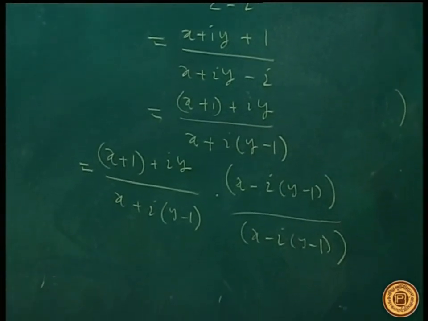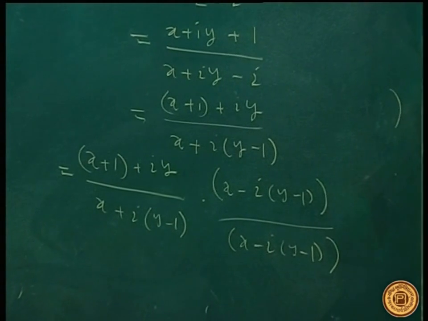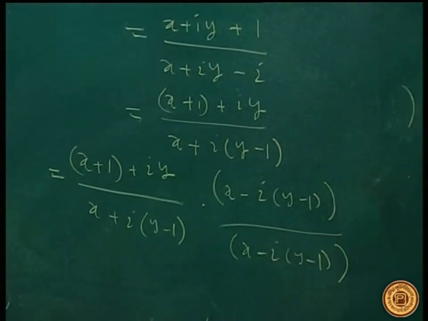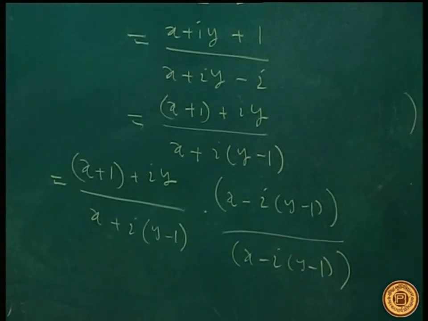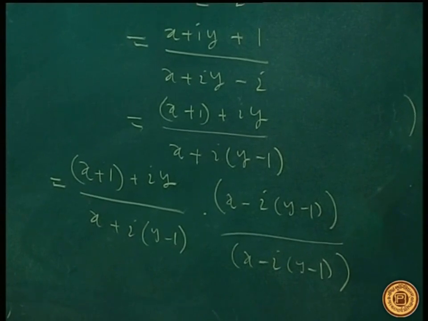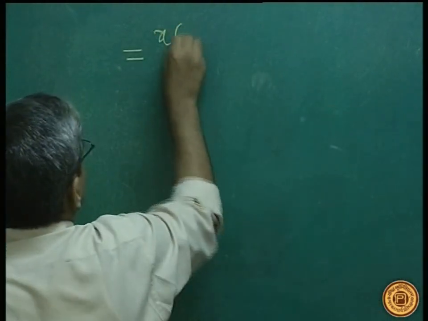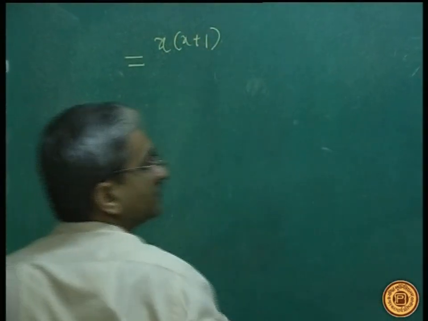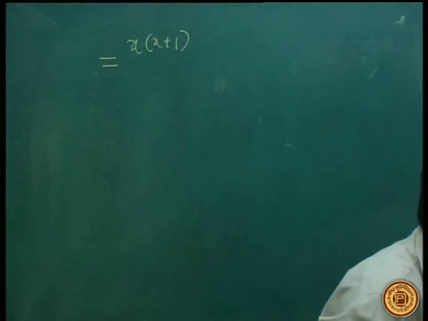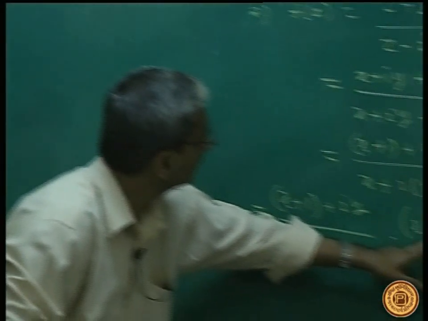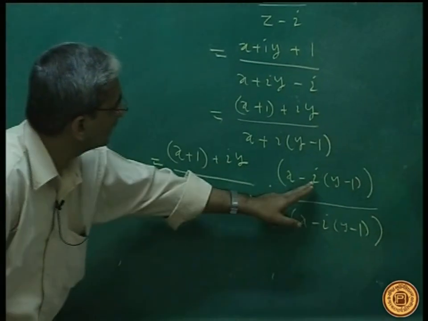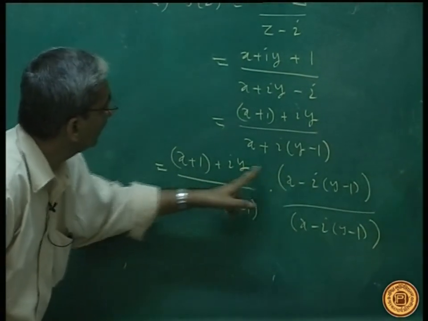This is equal to, now let us carry out the multiplication in the numerator. (x plus 1) into x, so x into (x plus 1), and then iy and minus i, so minus i square will be plus 1, and y into (y minus 1).